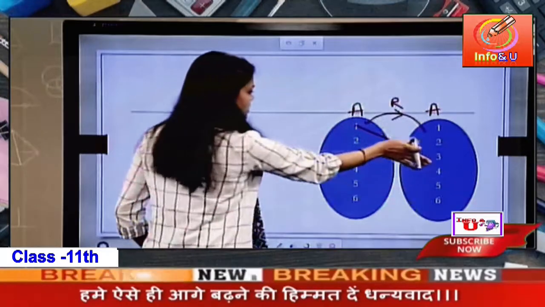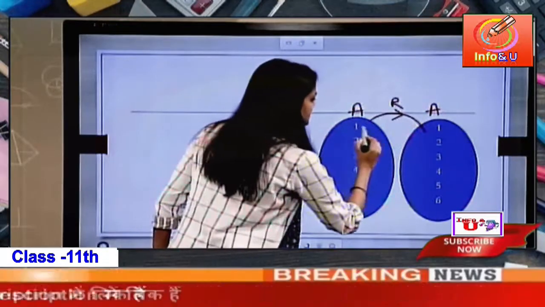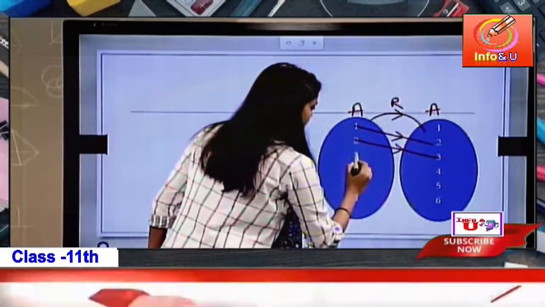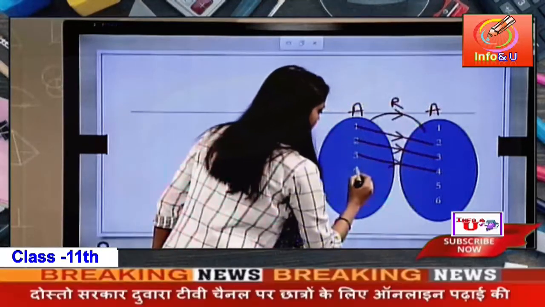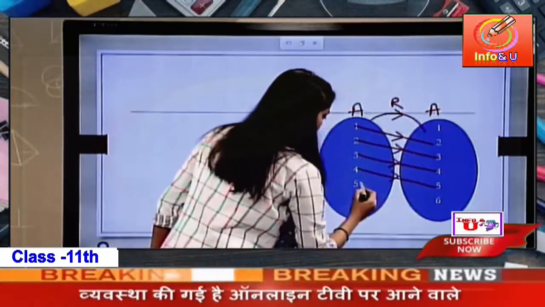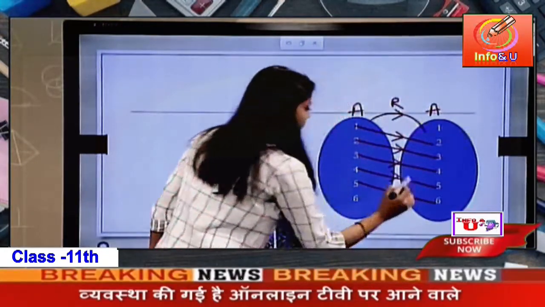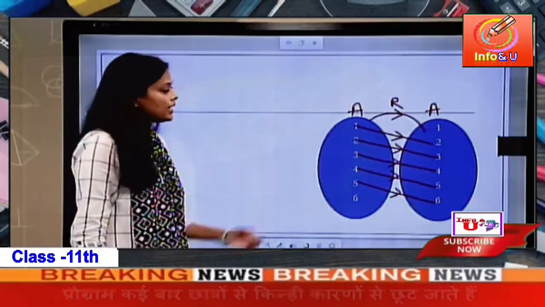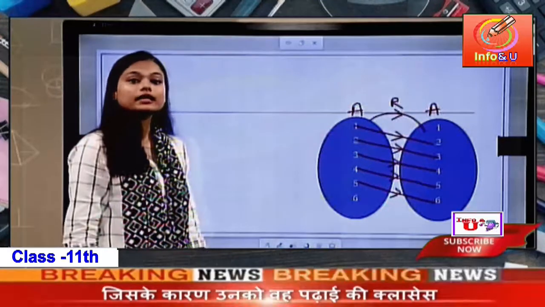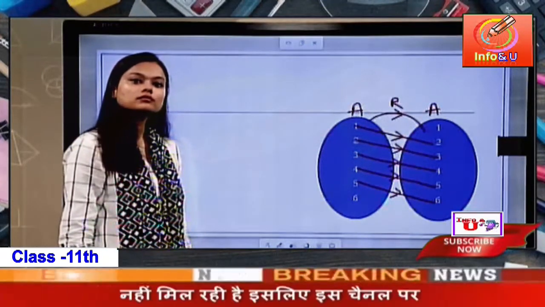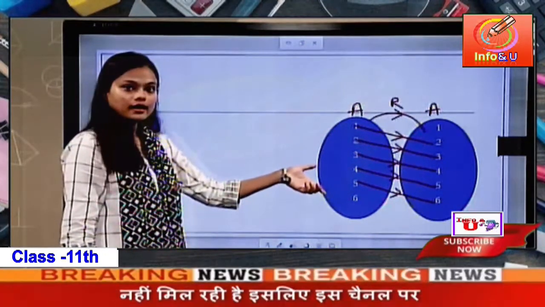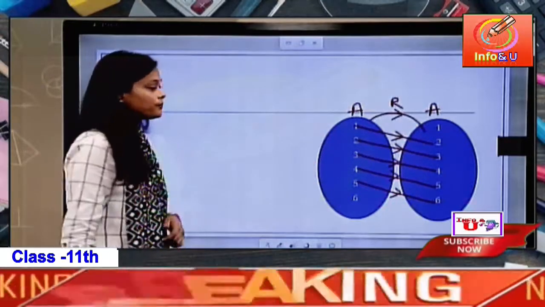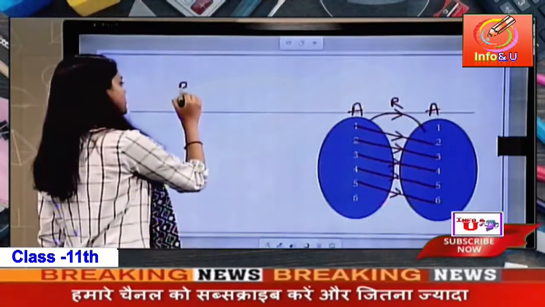Say suppose I am representing it like this. Okay. Now, can you write the relation in a set builder form by understanding this arrow diagram? Yes, you can. How? See this case.